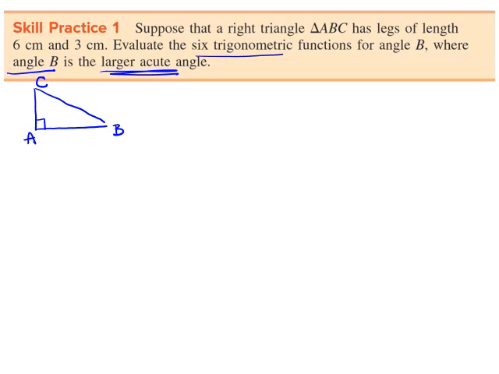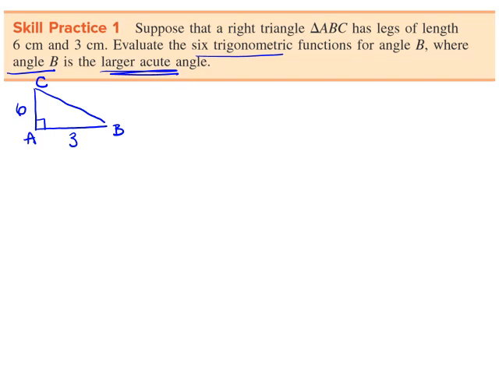You should remember from geometry that if angle B is larger than angle C, then the longer side is across from it. So if B is bigger than C, 6 goes here, and so 3 must go here. Obviously, my picture is not drawn to scale.